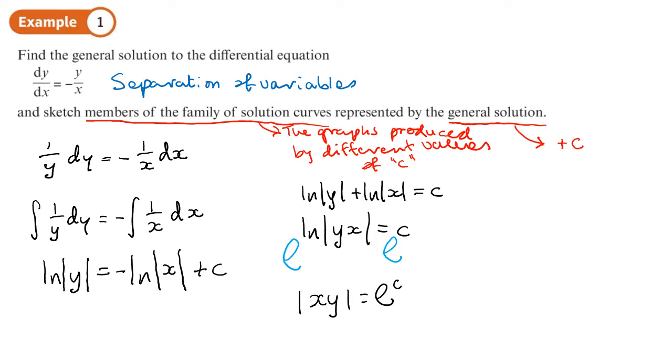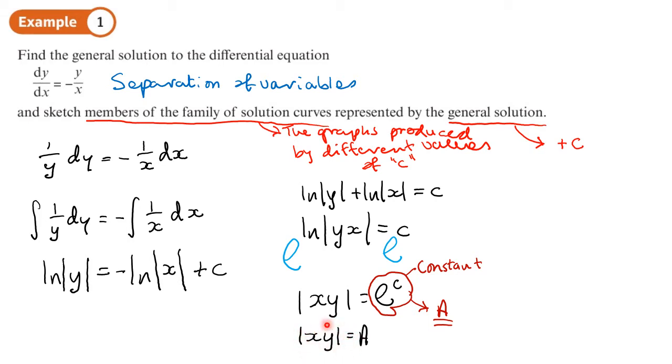Now we should know that e to the power c is a constant, because c is a constant, so I end up with the modulus of xy equals, let's give it another letter, let's call it a. So all I've done here is give that constant a single letter, a.